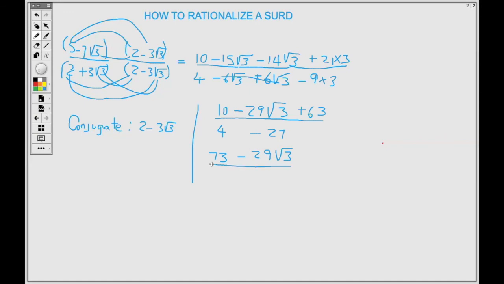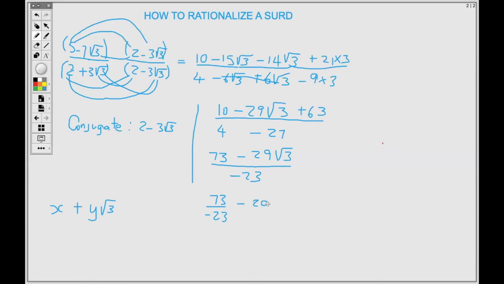In the denominator, we subtract. So we have 4 minus 27, that is minus 23. Again, let's just write it in the form where we have x plus y root 3. That's a common thing we like to ask. So this is the same thing as 73 over minus 23, and that would represent x.